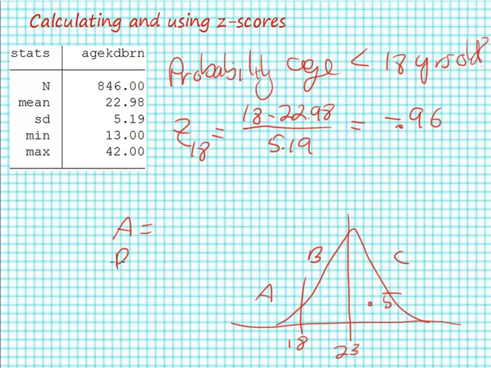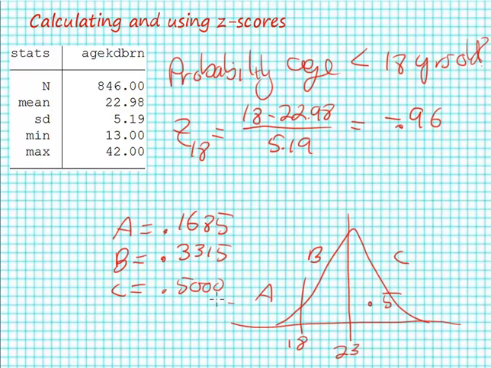Let's go ahead and write in the things that we know after looking at the z-table. I know that the area C is 0.5, or half the distribution, that the area labeled B from my z-table lookup is 0.3315, and that my area A is 0.1685.